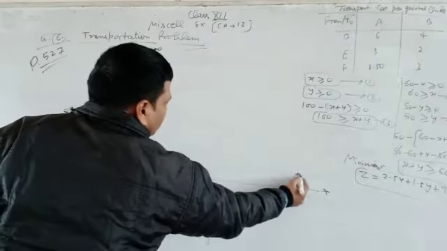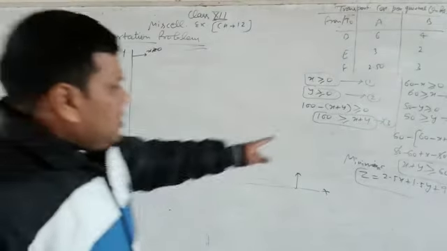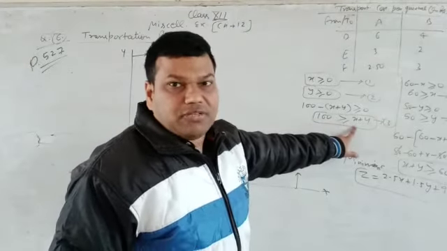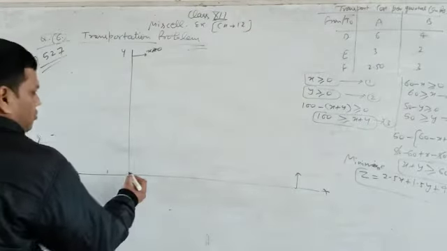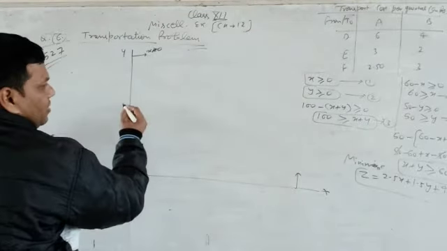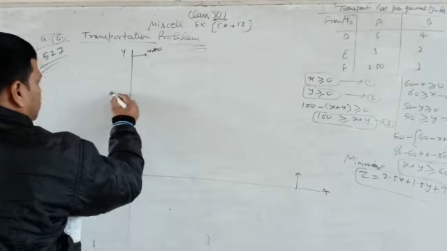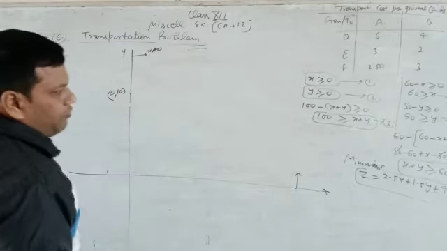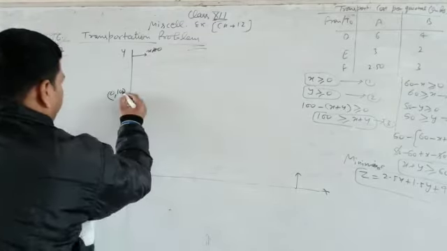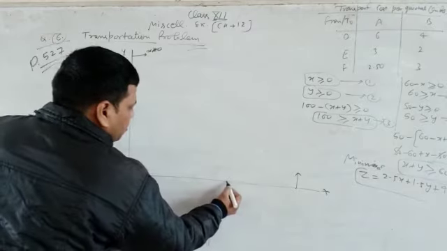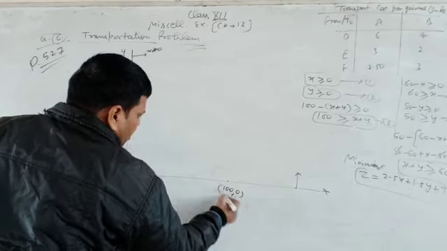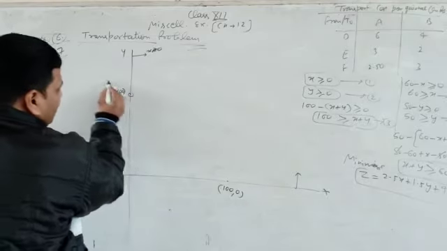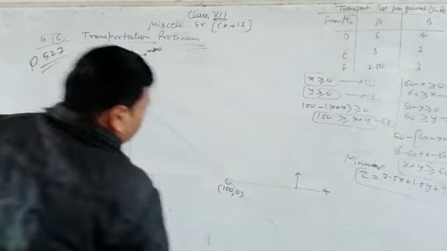Y is greater than or equal to 0, meaning this. Then x plus y equals 100. If you put x equal to 0, y will be 100, so (0, 100). If you put y equal to 0, it will be (100, 0). This is the graph you have to draw.